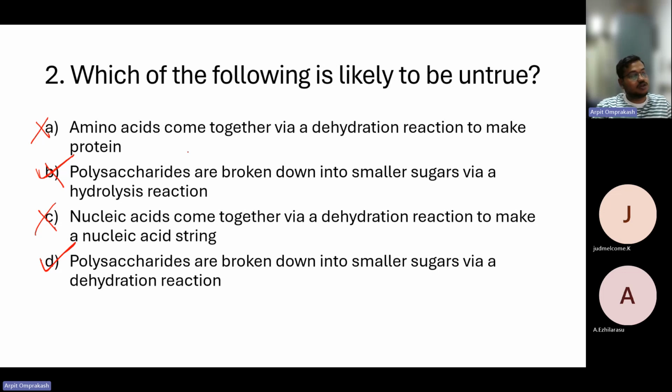A dehydration reaction is how a polysaccharide is formed. So this statement is untrue: polysaccharides are broken down by a dehydration reaction. A polysaccharide is formed by a dehydration reaction. It's broken down by a hydrolysis reaction.